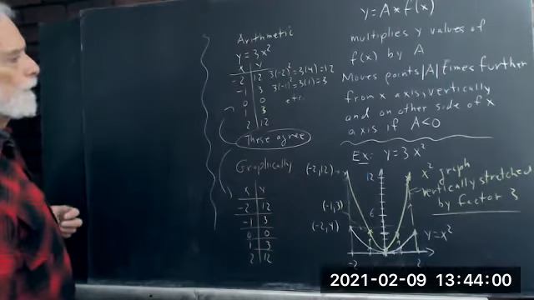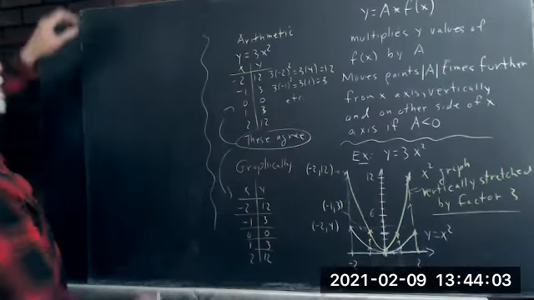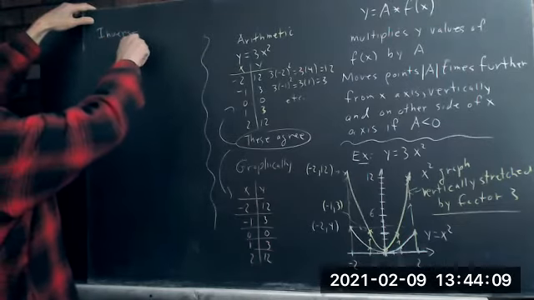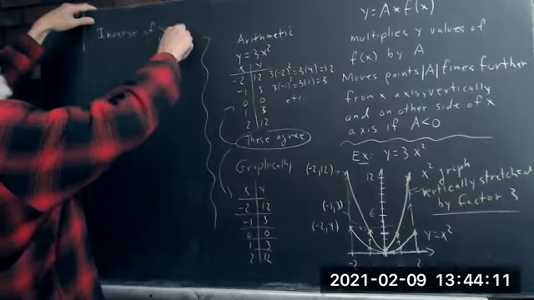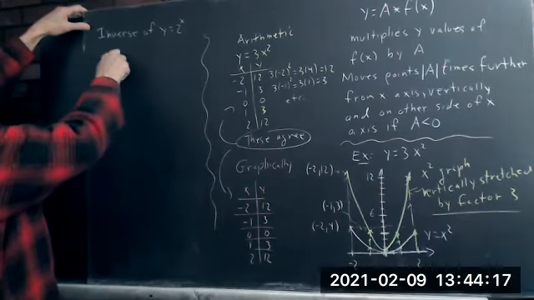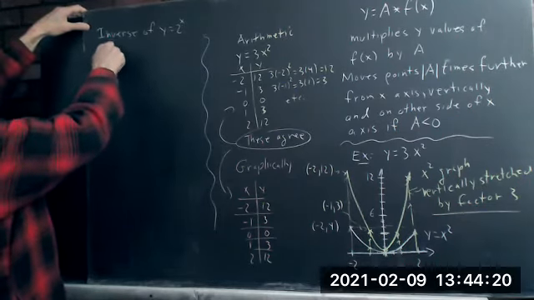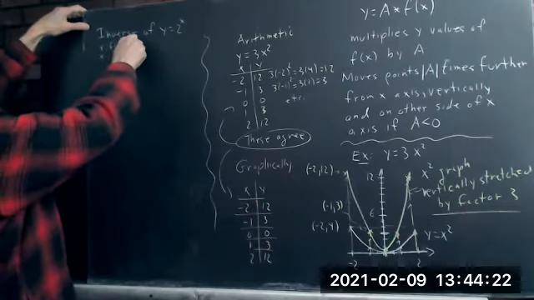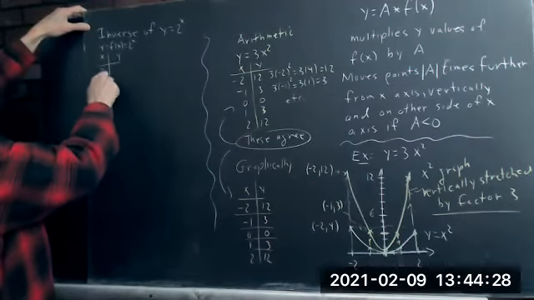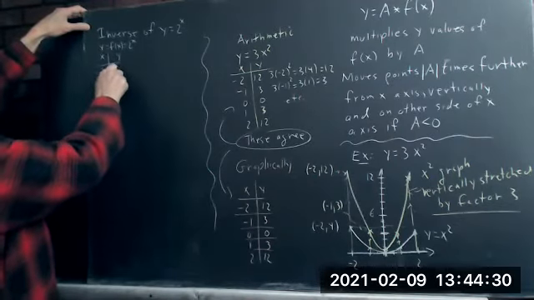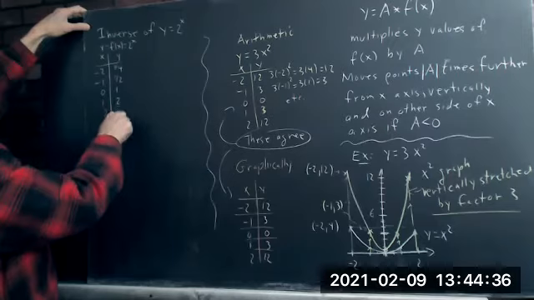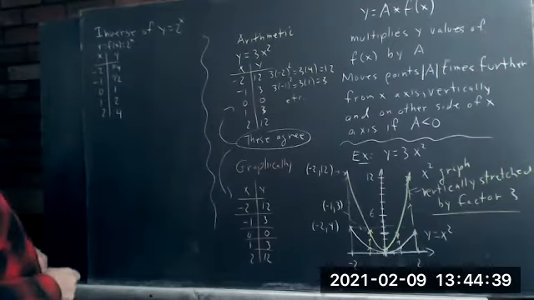So, the inverse of the y equals 2 to the x function. First of all, we do a table for the 2 to the x function. And there's no surprise here. We get these numbers.